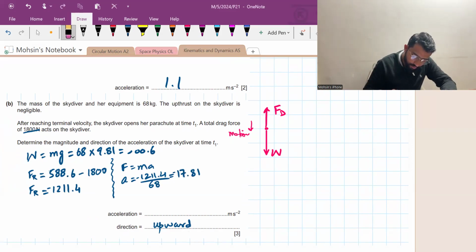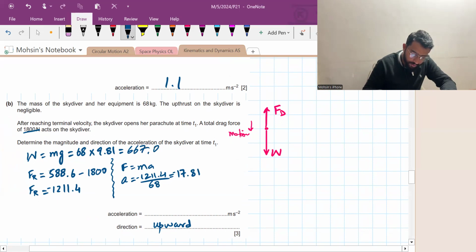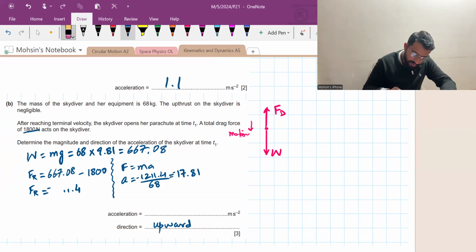It was 667.08. Students usually make these types of mistakes, calculation errors. Everything was right, but putting the values wrong in the calculator gives the wrong answer. Minus 1132.92.